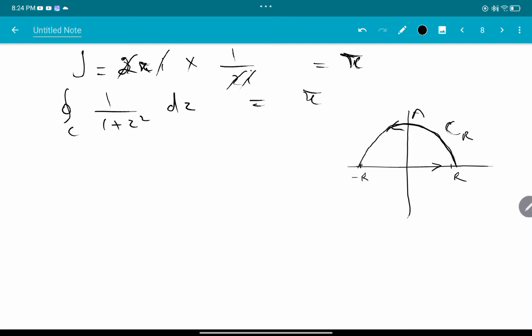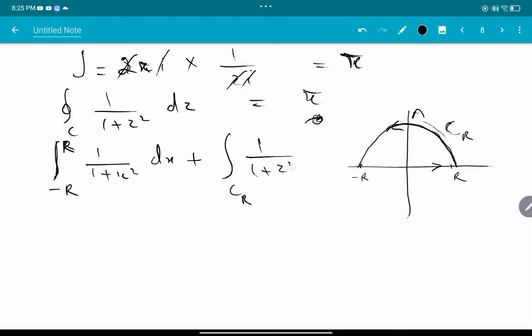One part is the integral from minus R to plus R of 1 by (1 plus x square) dx, and the other is the integral over C_R of 1 by (1 plus z square) dz. The sum of both is equal to pi. Of course, C_R alone is not closed.